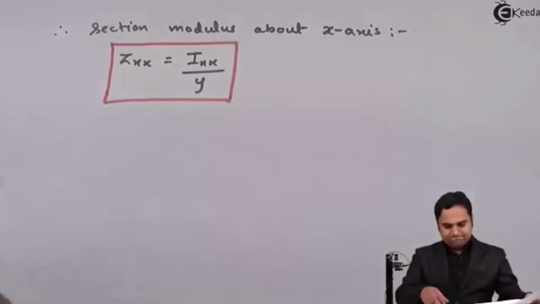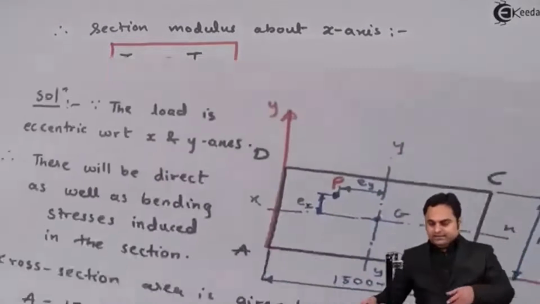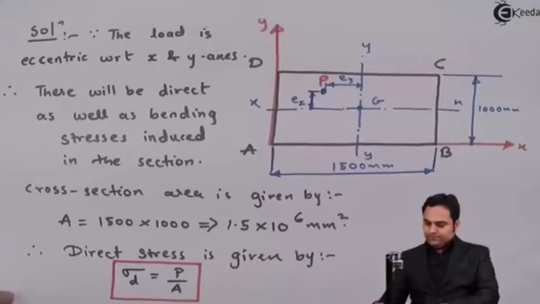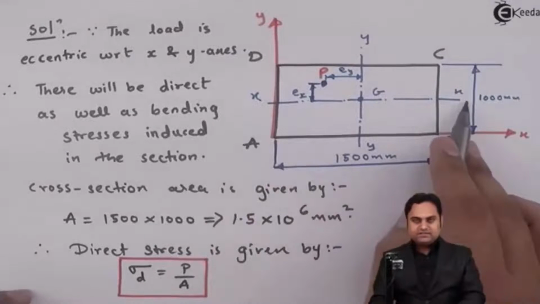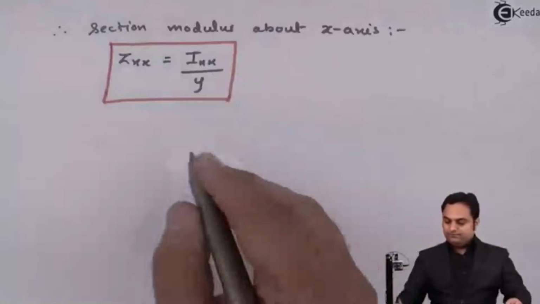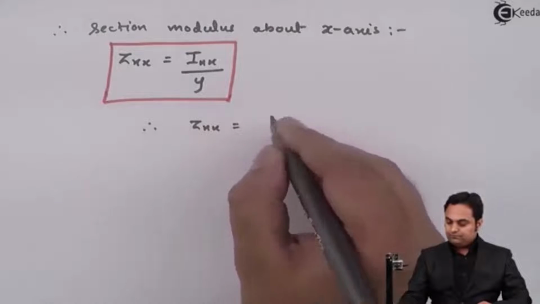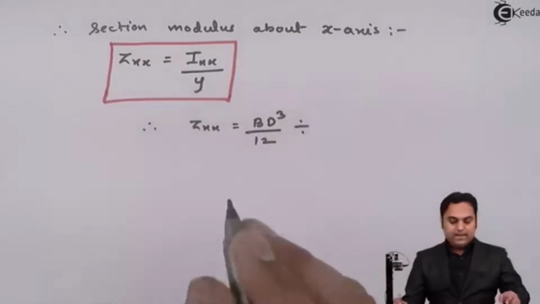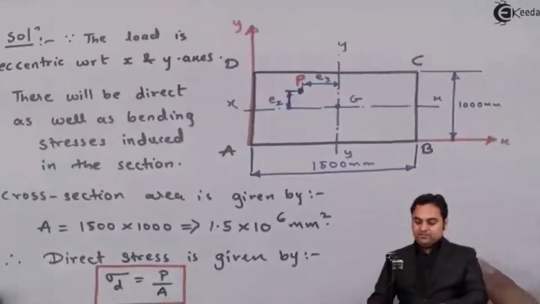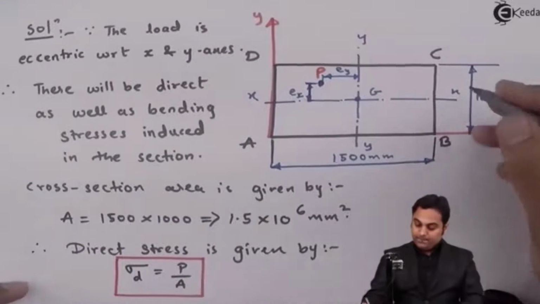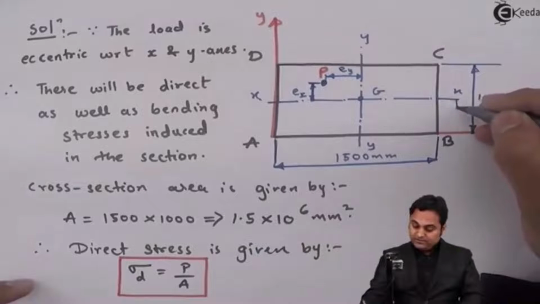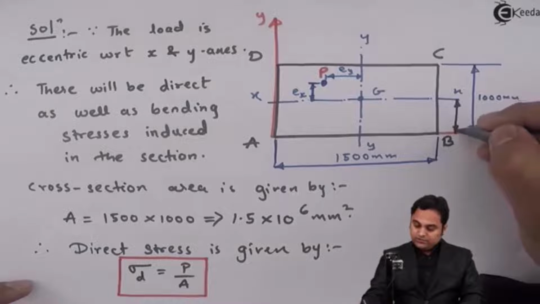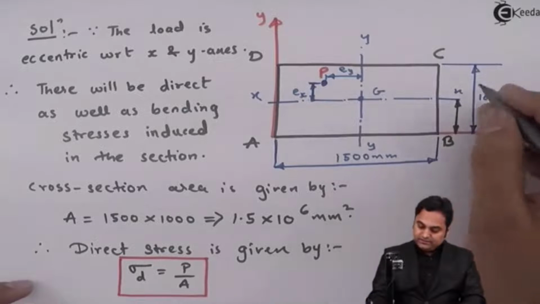Now, Ixx is the moment of inertia for the rectangle about the x-axis, that is BD cube by 12, divided by y. Y is the distance of the x-axis from the reference axis, and this y is nothing but d by 2.